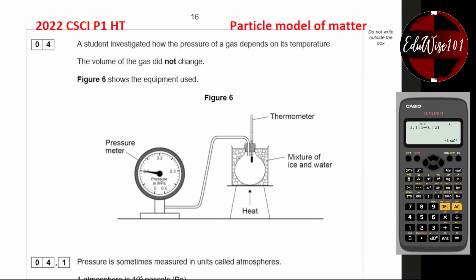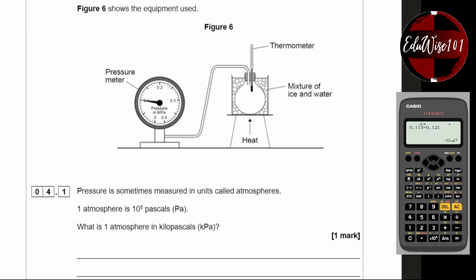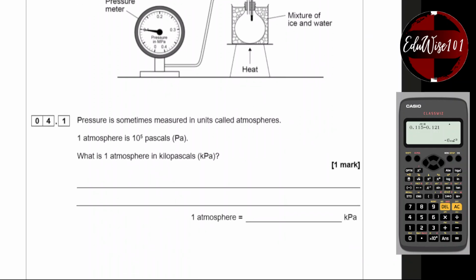Pressure is sometimes measured in units called atmospheres. 1 atmosphere is 10 to the power of 5 pascals. What is 1 atmosphere in kilopascals? Well, if I convert it to just pascals, 10 to the power 5 is the same as 1 and 5 zeros.